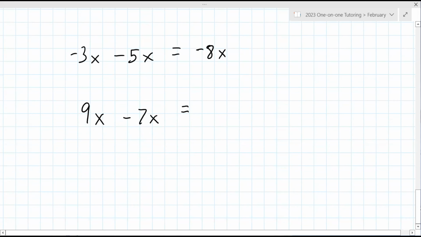How about this one? 9x minus 7x. Negative 2x. Tell me the scenario. What is the scenario you're thinking of either way? All right, so you have $9.